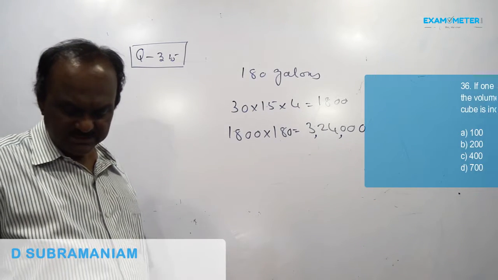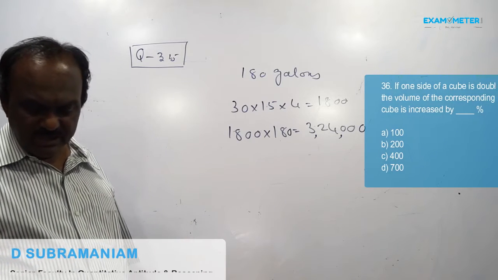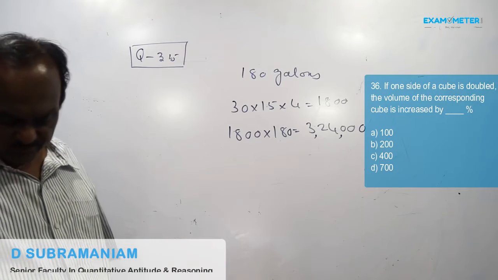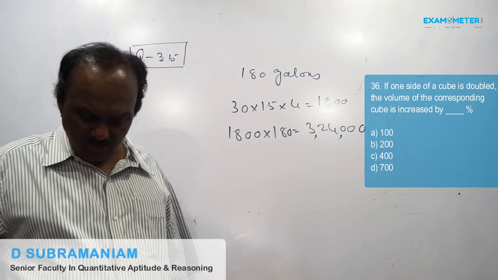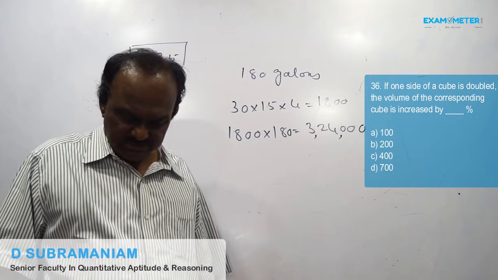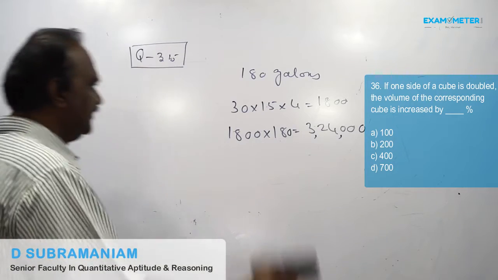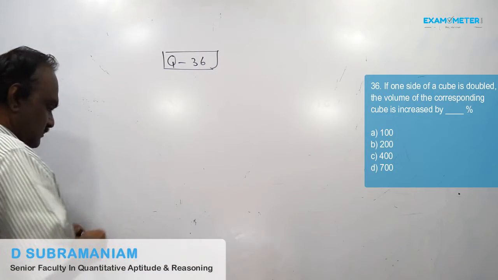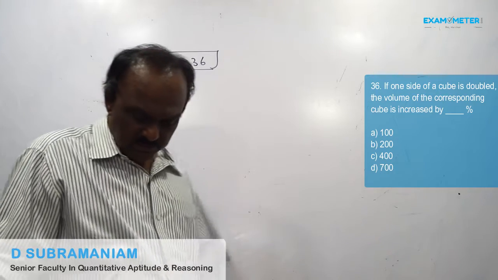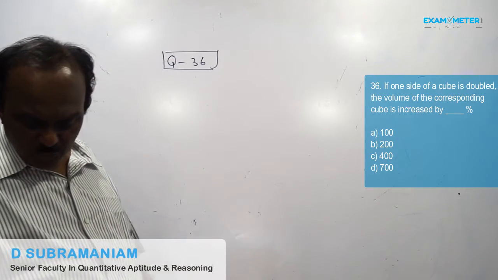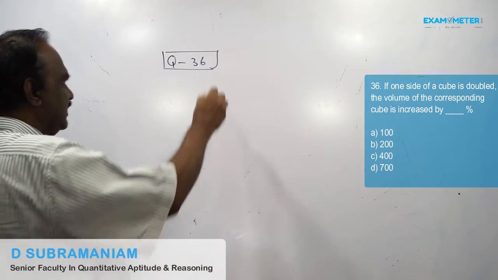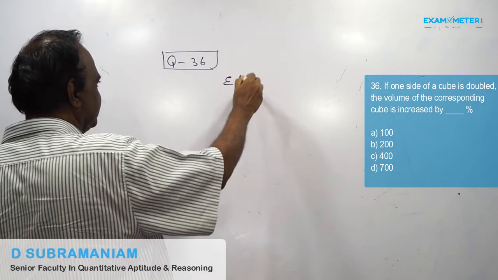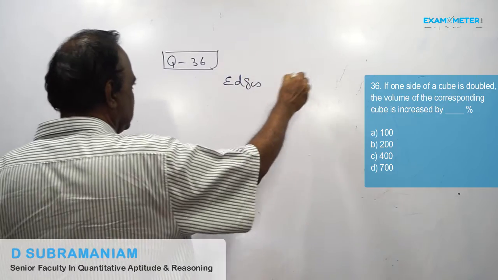Question number 36. If one side of a cube is doubled, the volume of the corresponding cube is increased by? So write down first step. Ratio of edges of two cubes is 1:2.